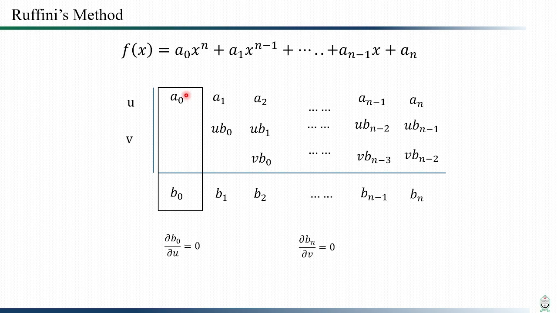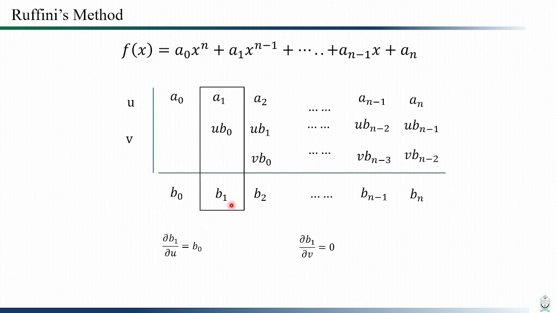If we look here at b0, is there any change with respect to u? Because this is the very first value, there is no change available, and there is no change with respect to v as well. If we shift our focus to b1 here, what is the change of the value of b1 with respect to u?